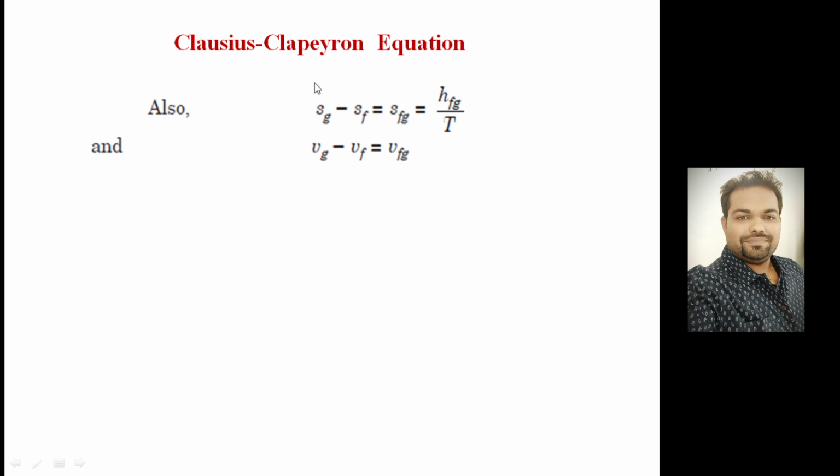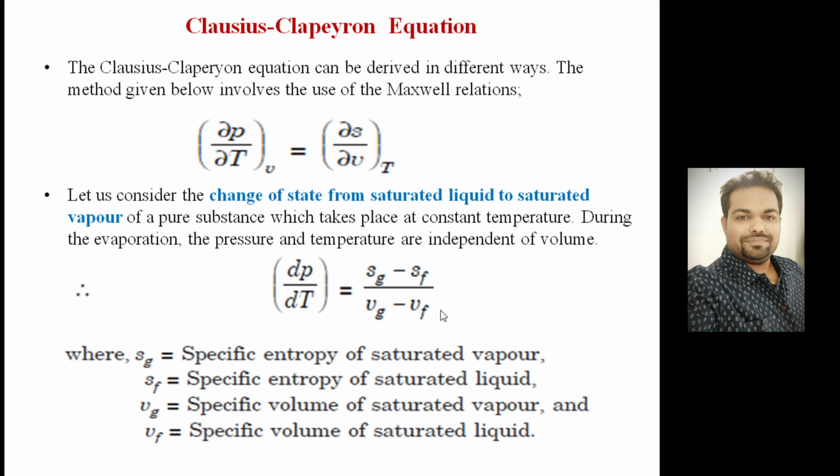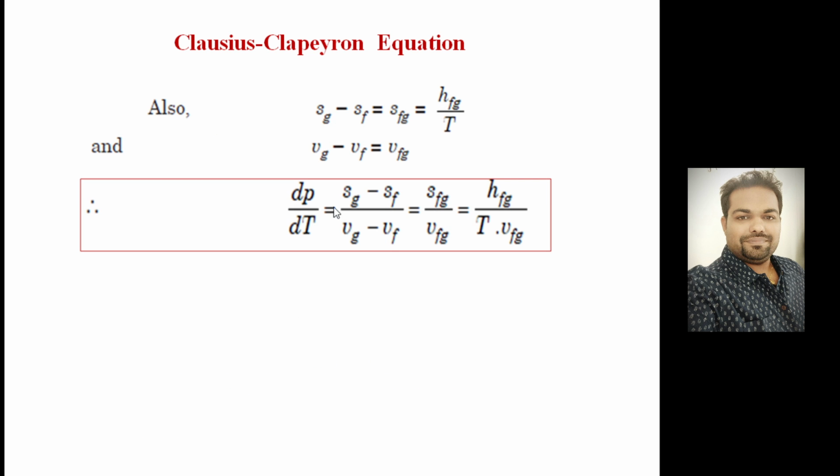So we can substitute this value back in that equation to get dP by dT. If you substitute, you get dP by dT is equal to Sfg divided by Vfg, right? And Sfg is what? Hfg by T, you can substitute. This is known as Clausius Clapeyron equation for a phase change process from saturated liquid to saturated vapor, or you can say it's the Clausius Clapeyron equation for the vaporization process.